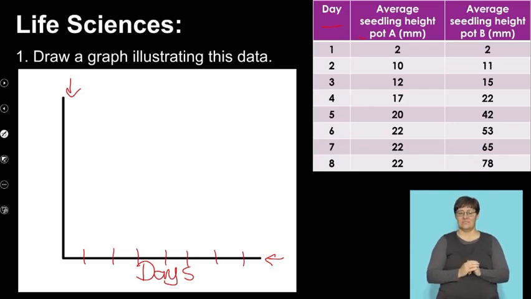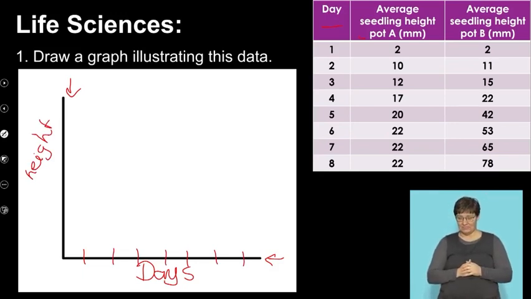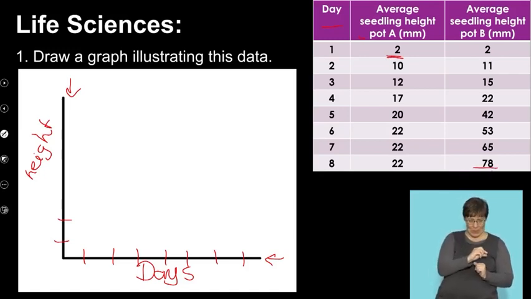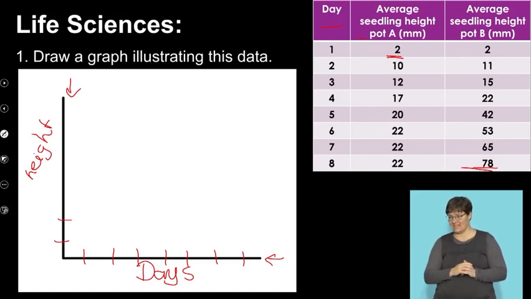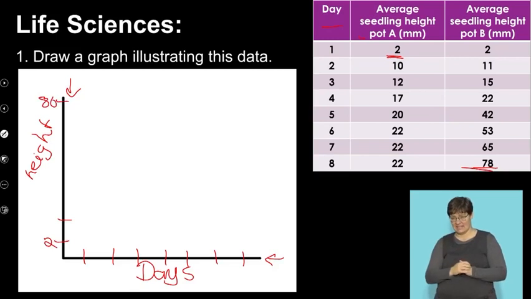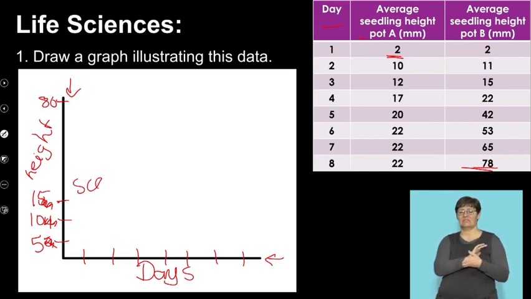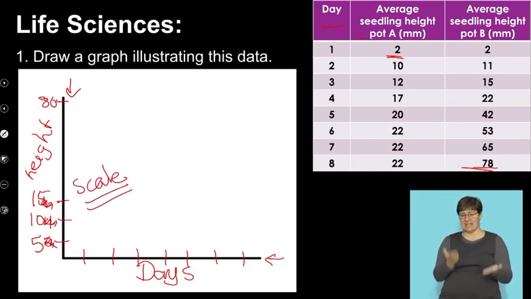The thing that we are measuring is the height of the seedlings, and you're going to look and see your smallest height was 2, your greatest height is 78, so let's start with 2 and let's go up to 80 and let's decide, are we going to do these 2, 4, 6, or are we going to say that our smallest value is going to be 5, 10, 15? What you're doing is you're determining a scale for your axis.